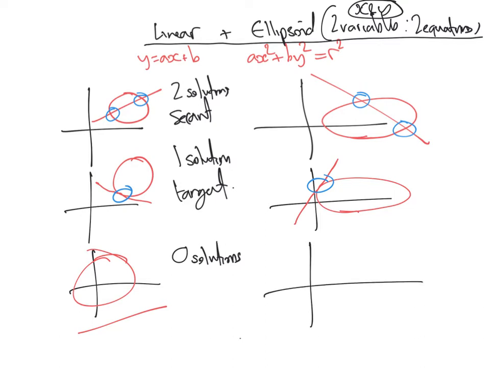Okay, in which case, let's try the long one this time. Or it could miss it completely, it could go that way, for instance. Okay, but there we are. So thinking about linears and quadratics, linears and ellipses, you could end up with 0, 1, or 2 solutions based upon the nature of the interaction.